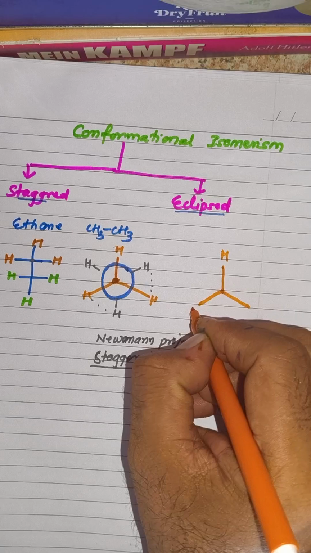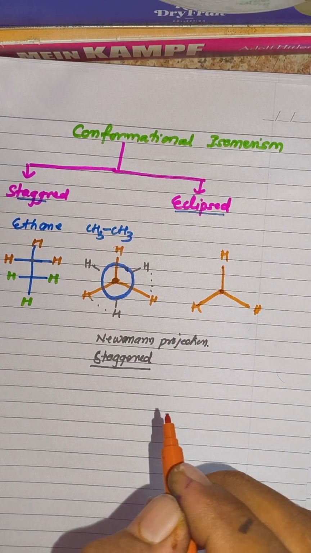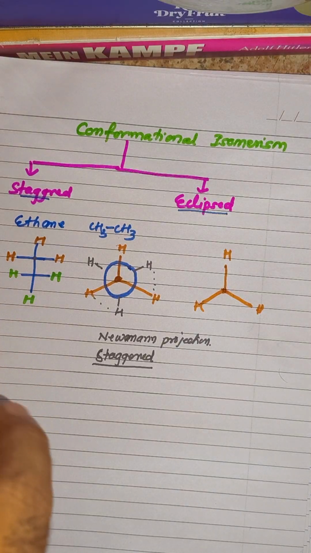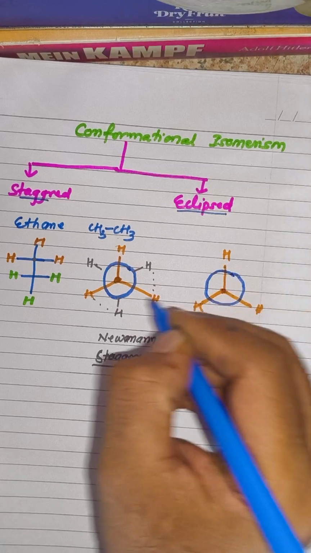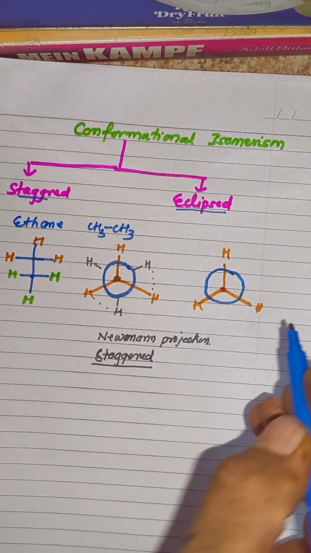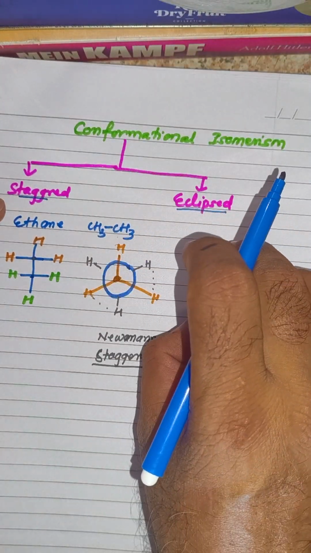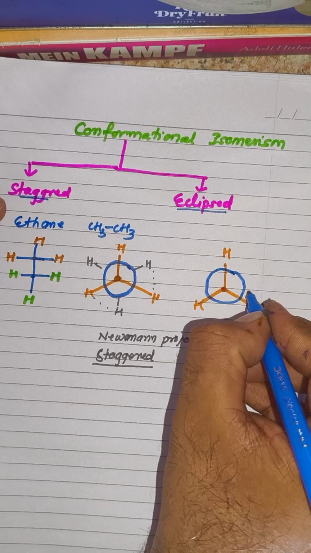So this is your front carbon, the dot. These are the three hydrogen atoms. Then we show the rear carbon. This is the rear carbon, this is the front carbon, and we are rotating the rear carbon through an angle of 60 degrees.